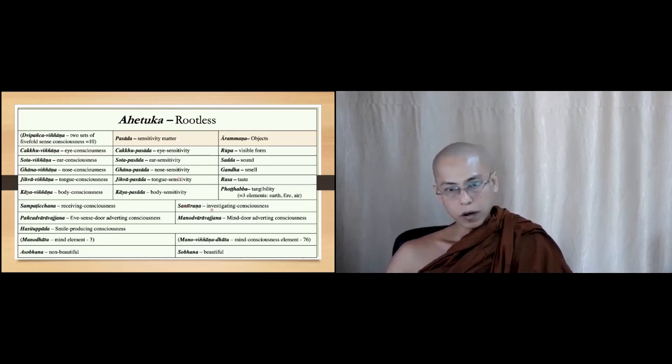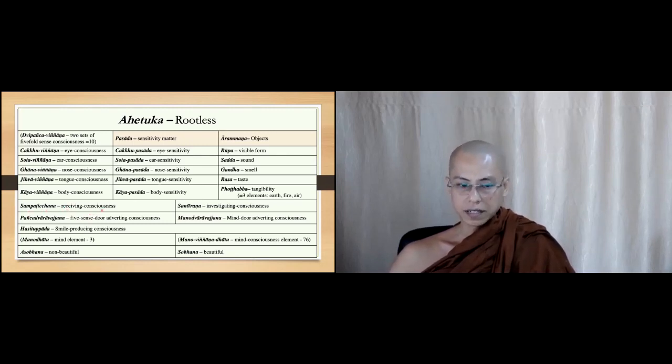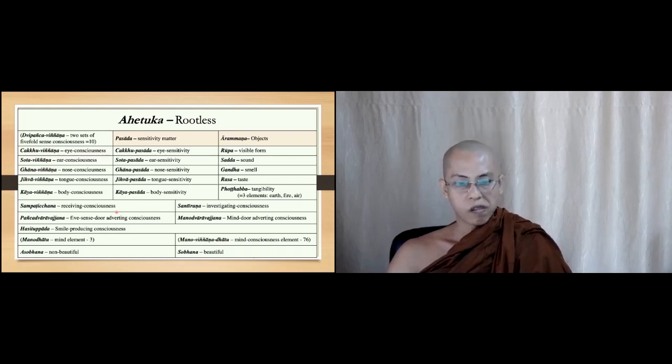Then some of the words in the Ahetuka consciousness are a little bit complicated. So Sampatichana, receiving consciousness. It receives the object when it appears. This is a natural phenomenon working in its own intrinsic nature.